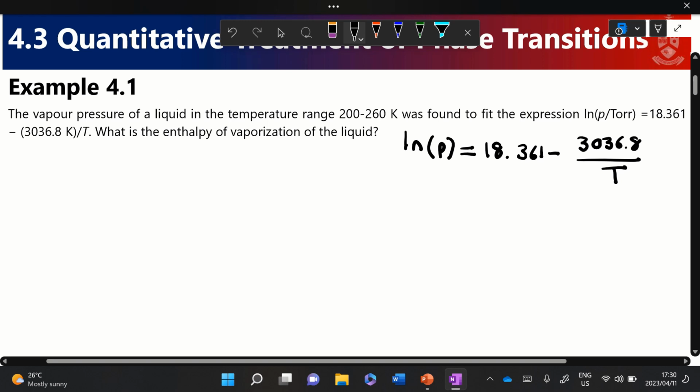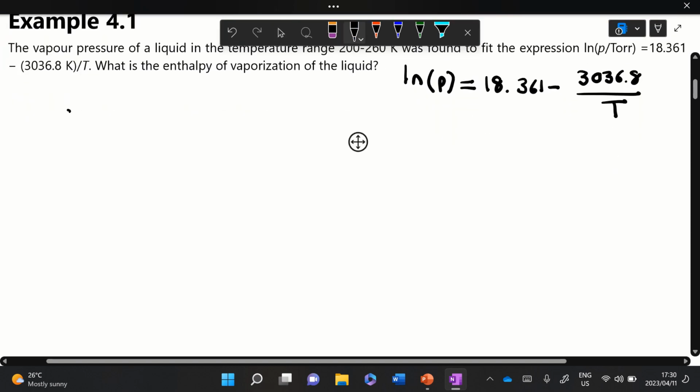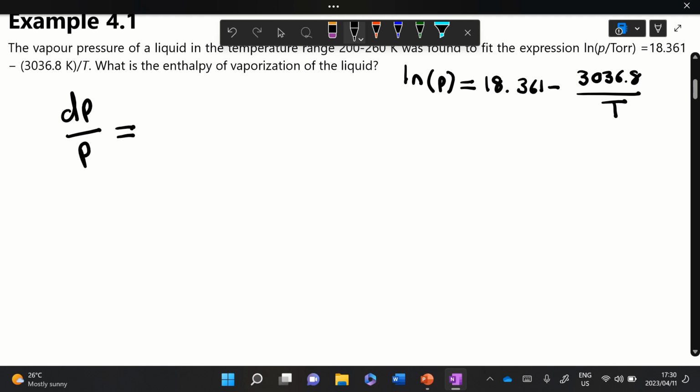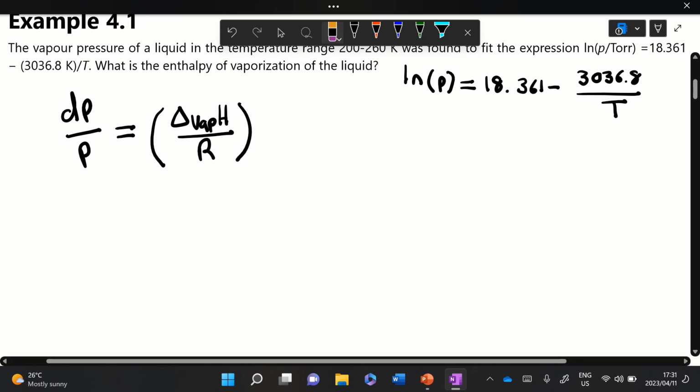The one that I identified is where we write dP over P is equal to the enthalpy of vaporization over R, dT over T squared. So there's a step where we say something like that.